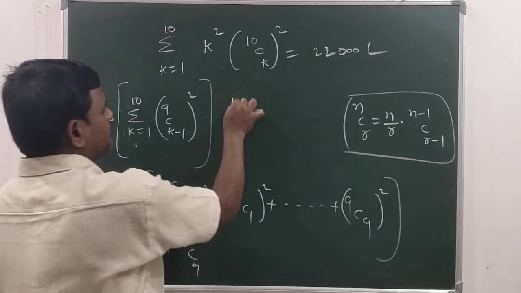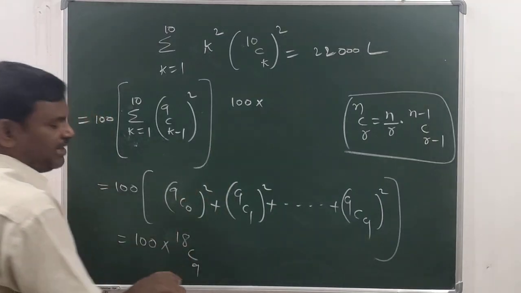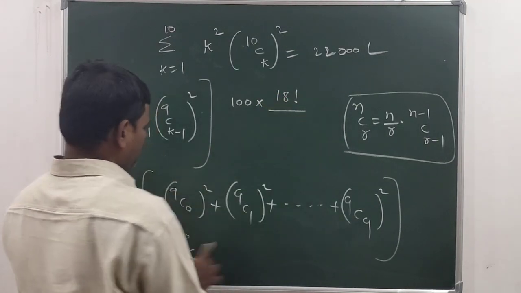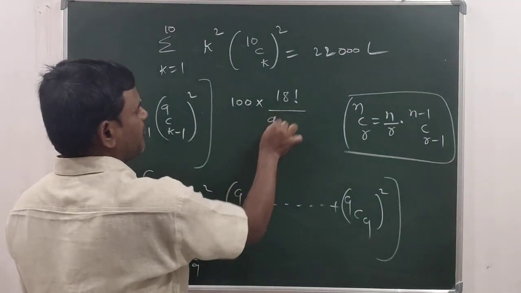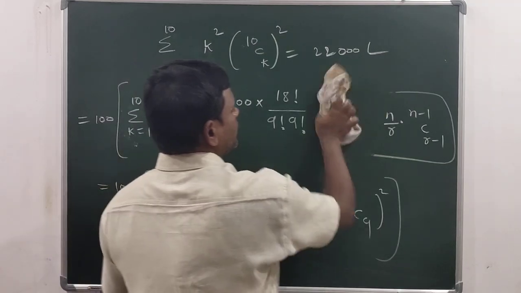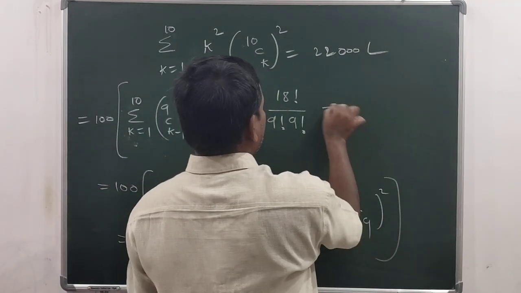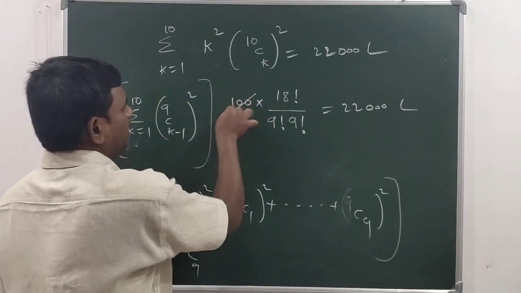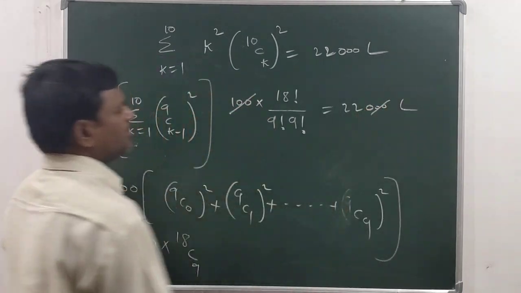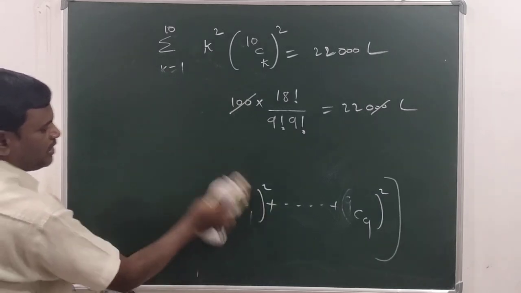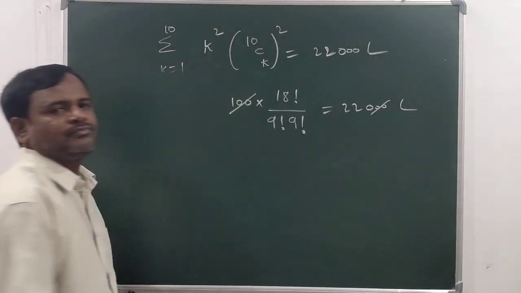So 100 into 18C9 can be written as 18 factorial by (18 minus 9) factorial into 9 factorial, which is equal to 220 L. Now 100, 2 zeros cancel. Now leftover one, can you simplify, students?